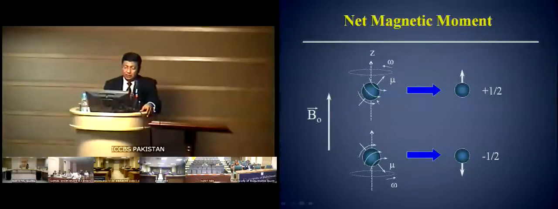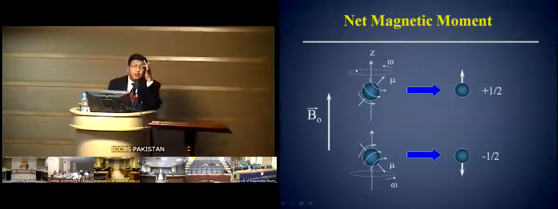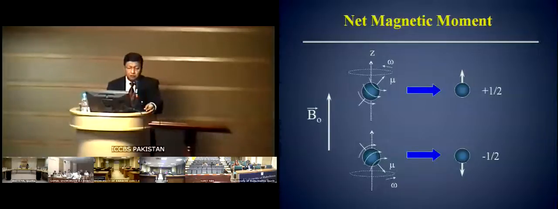So these nuclei have two different types of spin. One is their axial spin and the other is angular spin. And this angular spin is because of a process called precession. They start precessing around the axis of the applied magnetic field. The frequency of this precession is called precessional frequency, and this is a very important property in NMR spectroscopy.